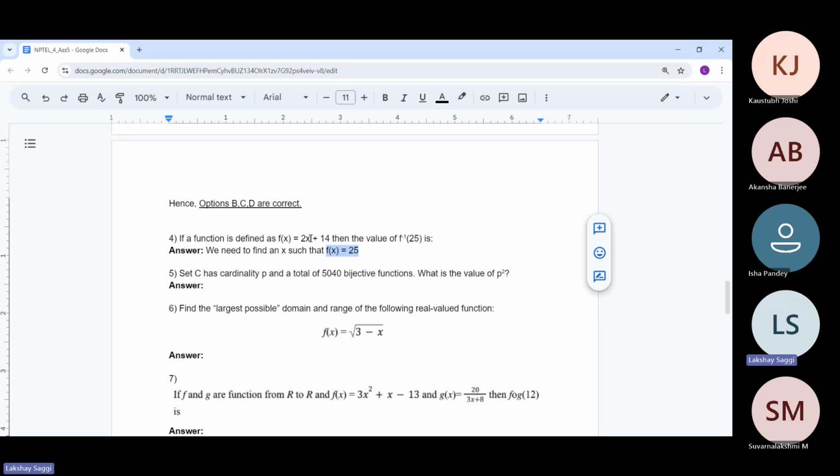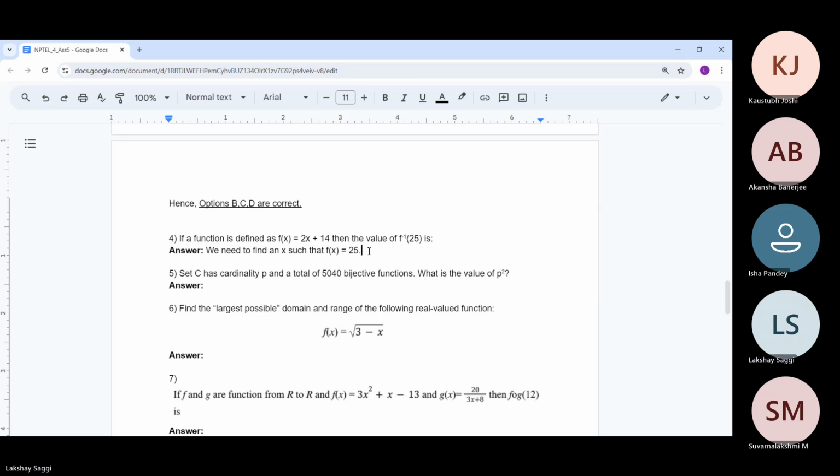What we need to find out is a value x such that the value 25 is actually equal to f of x. This is the definition of inverse, right?